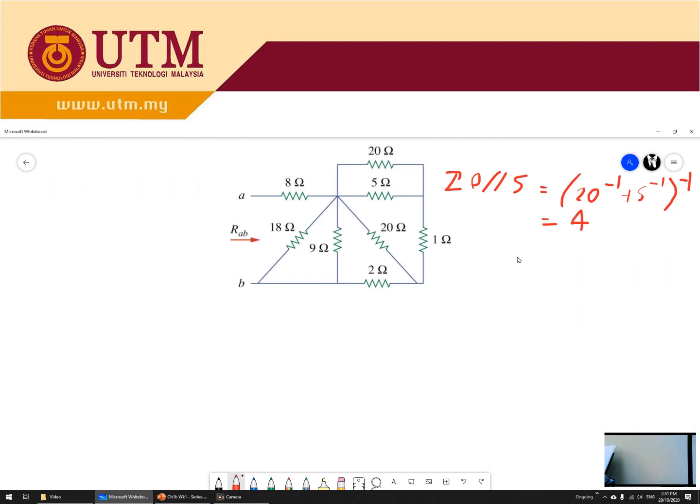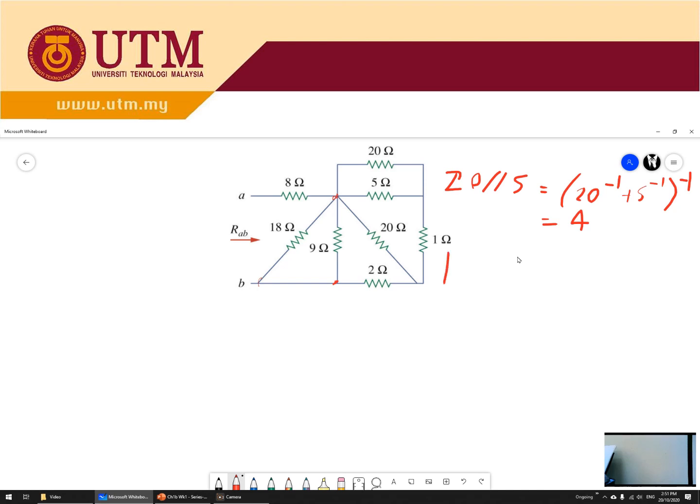Next, what can you do again? You can see here, this point and this point are parallel, because they start with the same node and end with the same node. This one and this one are not the same node, so you cannot parallel them. You need to find the ones that start and end with the same node.